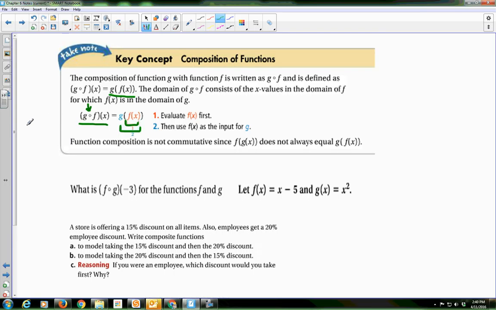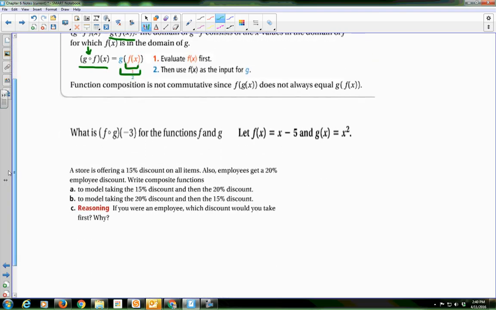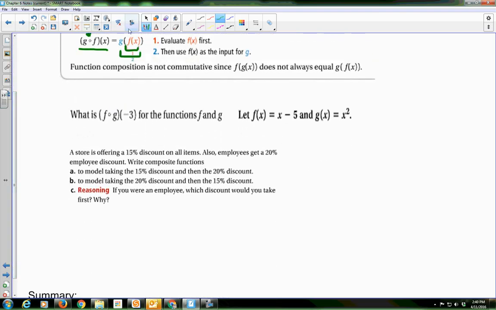Okay, so let's see, given a function, if I have f of g of negative 3, and f of x is x minus 5, and g of x is x squared. I'm going to rewrite this as f of g of negative 3 in parentheses. What I do is go inside out. I'm going to find g of negative 3.